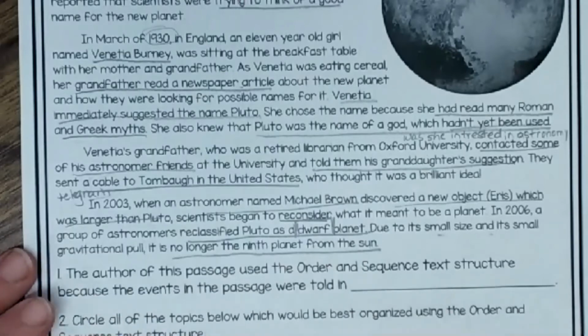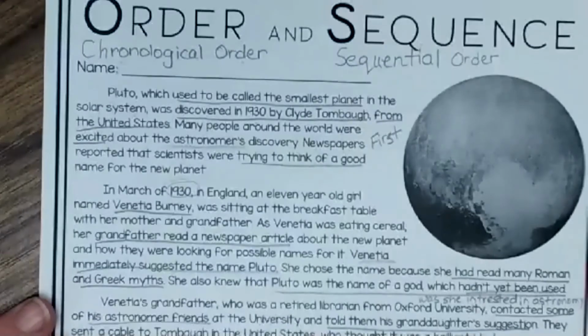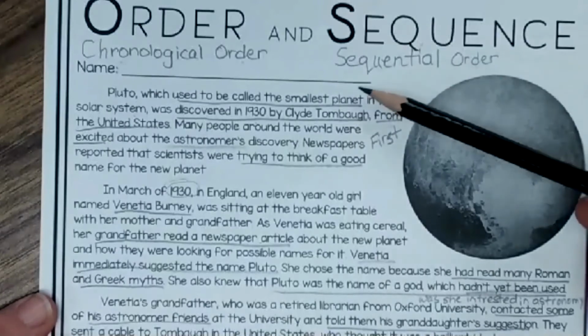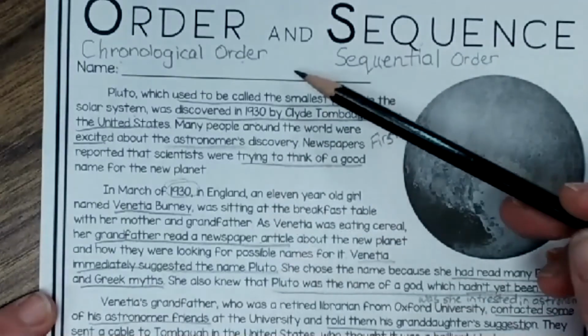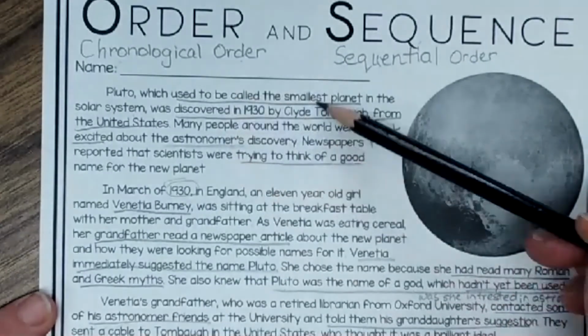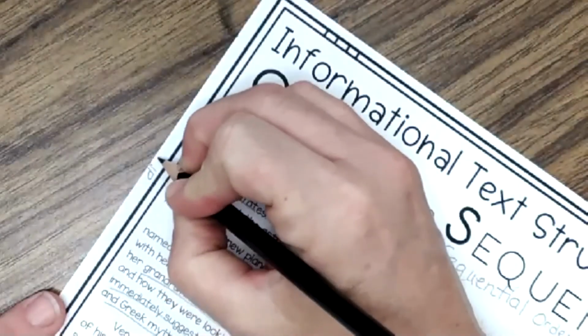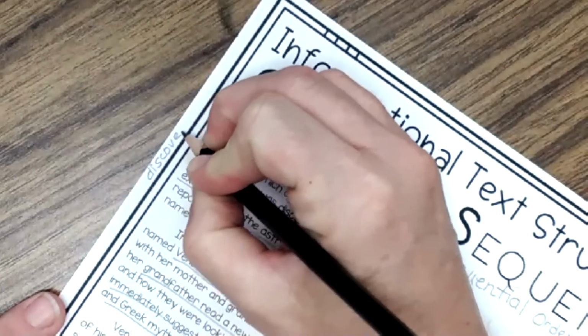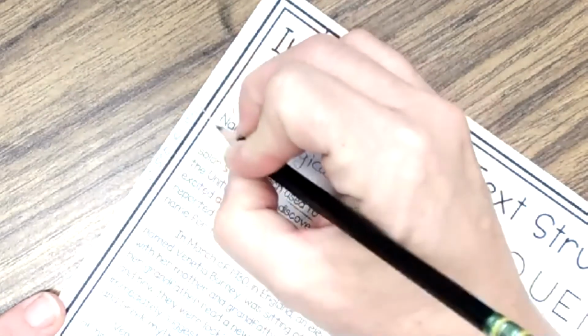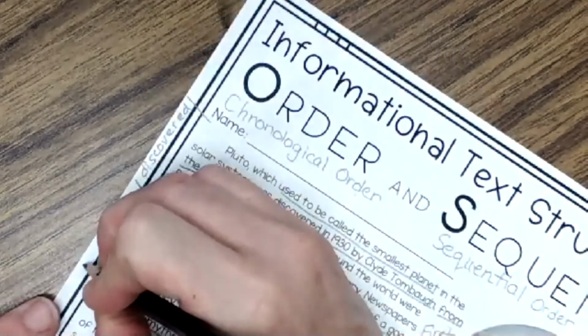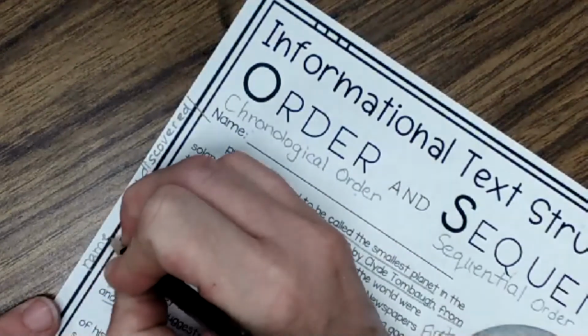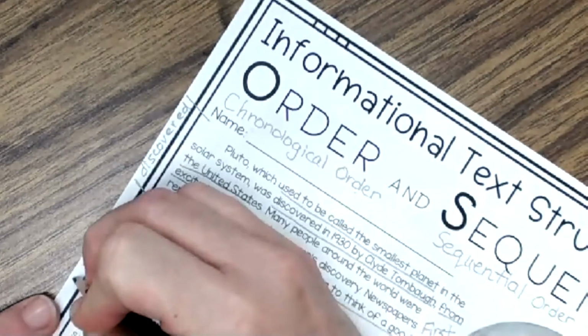All right. So the way that the author organized this was he started with the beginning things. First, it was discovered. Okay, so I'm going to write that out here. Discovered. Okay. Then it was named, which would make sense because you can't name it before you discover it.